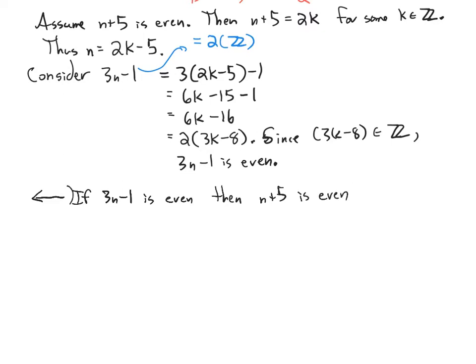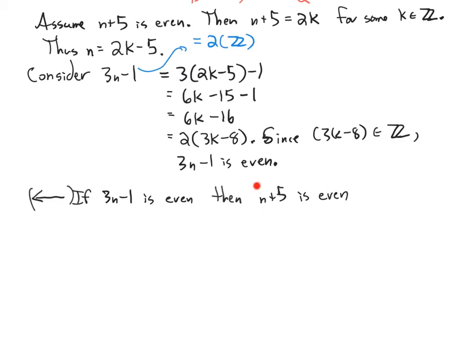That's the other direction. Okay, looking at this again, I would rather solve for n in this part than in this part. So maybe it'll be easier to do the contrapositive in this case, because it'll be easier to get some information about that fundamental piece n. So I'm going to try the contrapositive and see that that works.